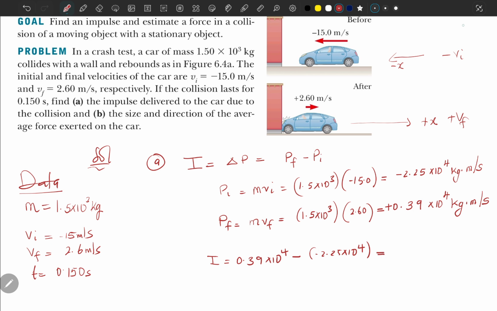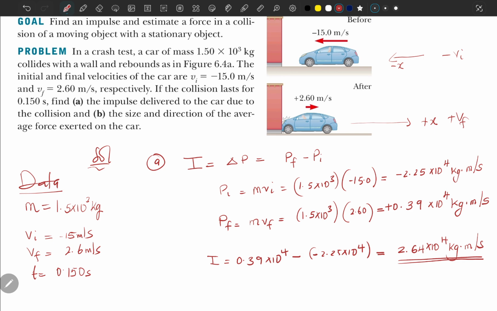After the addition, so these are going to add, of course, I'm getting 6.15 times 10 to the power 4 kilograms meter per second. This becomes our impulse.